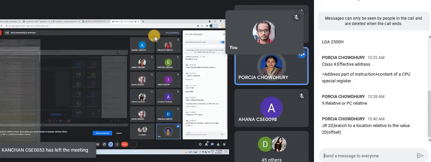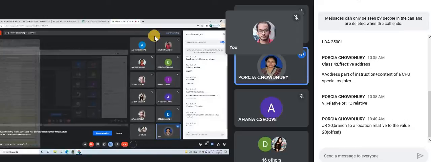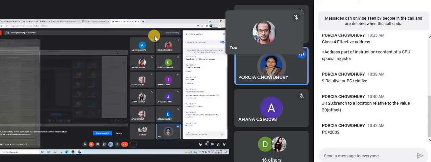Again, this is one example, so the values we are taking are random values. So the content of PC equals, suppose, 2002. That means 2000 plus 2, two bytes: one byte for storing JR and another byte for storing 20. That is the content of PC after the instruction fetch.